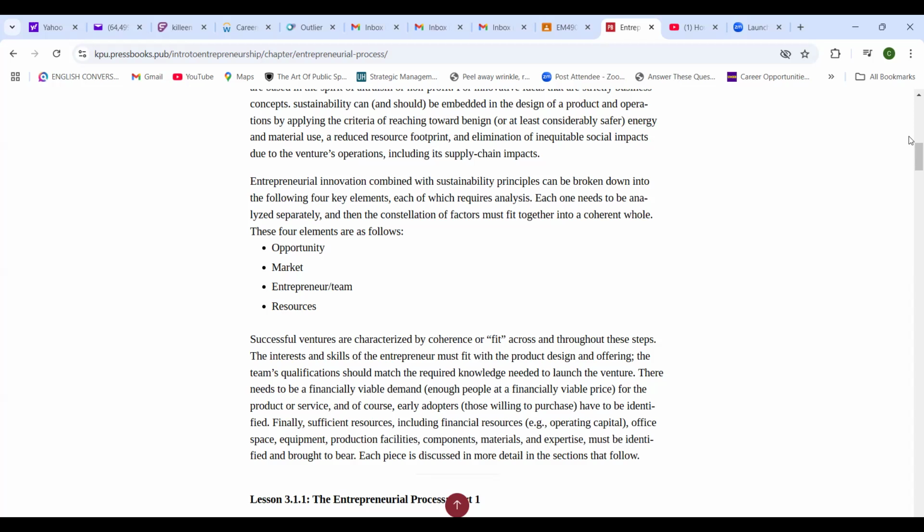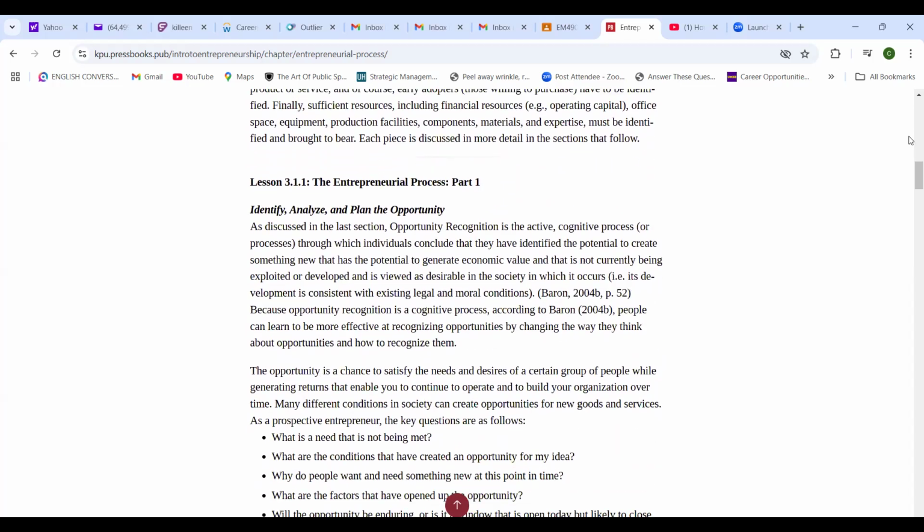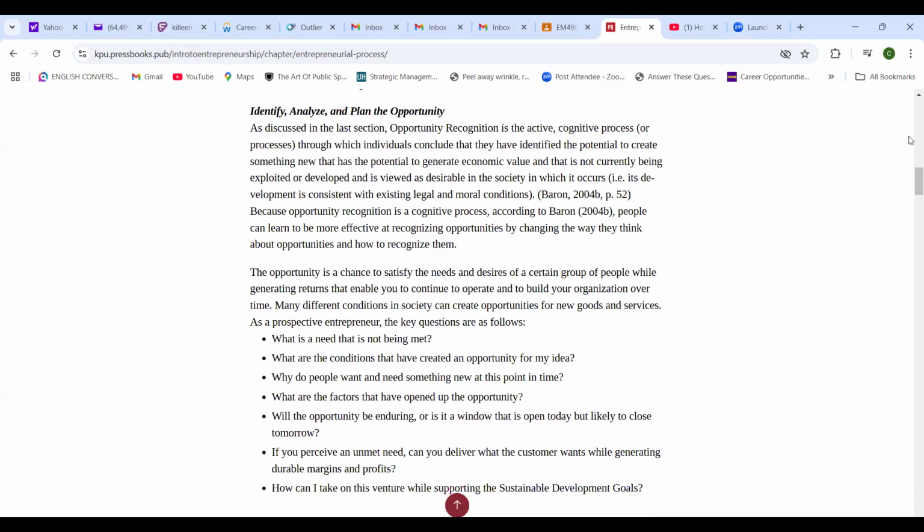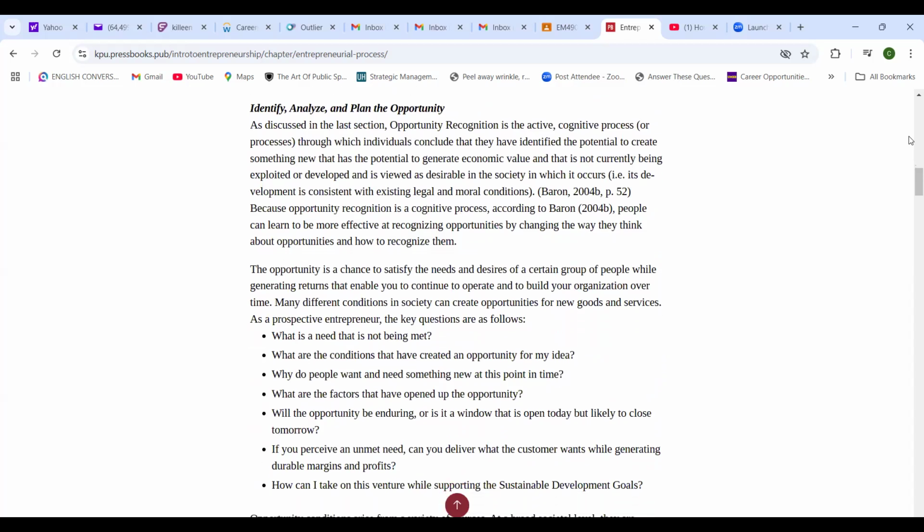Each piece is discussed in more detail in the sections that follow. We identify, we analyze, we plan the opportunity. As discussed in the last section, opportunity recognition is an active cognitive process in which individuals conclude that they have identified potential to create something new that has the potential to generate economic value that's not currently being exploited or developed and is viewed as desirable in the society in which it occurs.